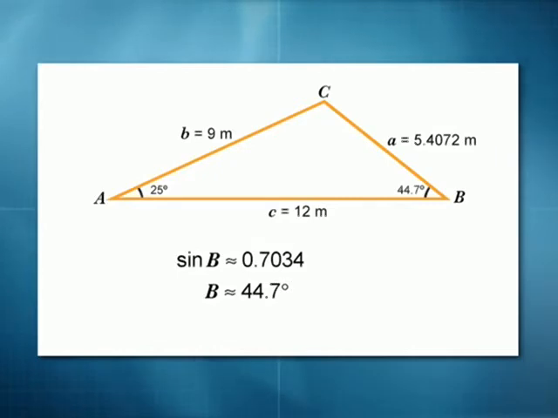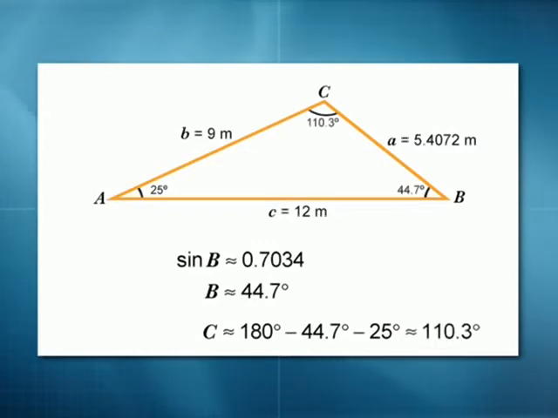We now know B, we know A, and hence the angle C is the subtraction 180 minus 44.7 minus 25. C is 110.3 degrees. Whew. Took a lot of work to solve that triangle. But I think you see now the power of the law of cosines.